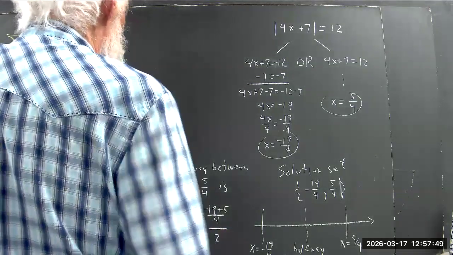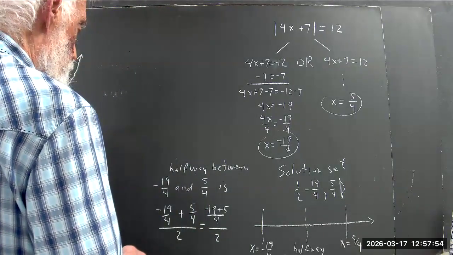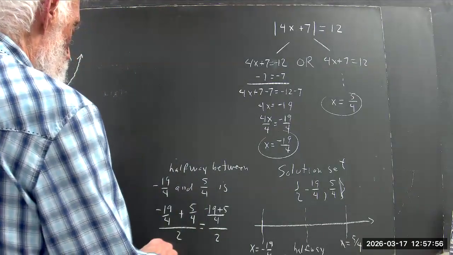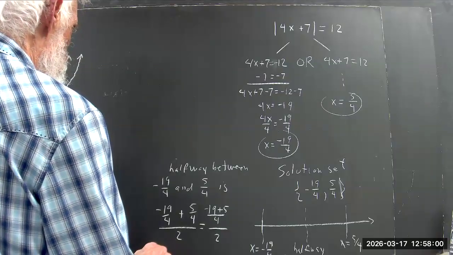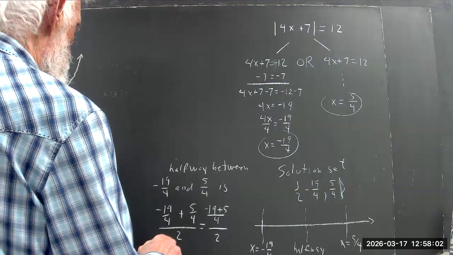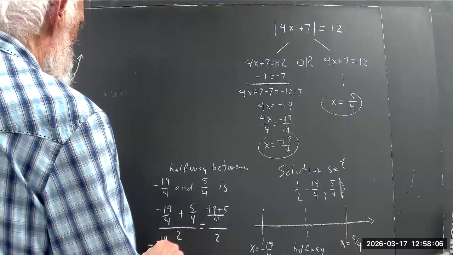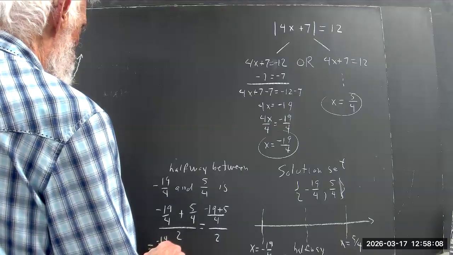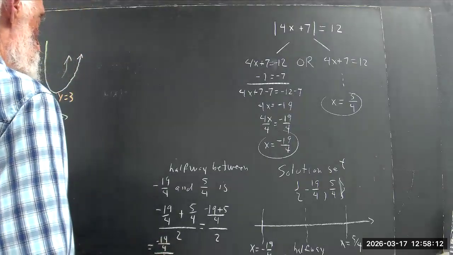So it's negative 19 plus 5 over 4, which equals negative 14 over 4, divided by 2.